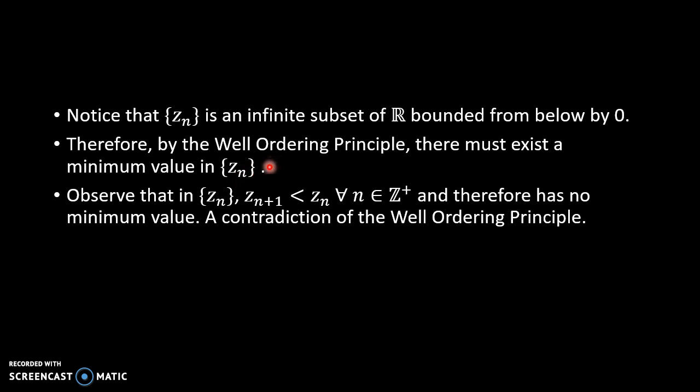That's the definition of the well-ordering principle. However, if we observe that set, we'll see that z sub n plus 1 is less than z sub n for all positive integers n. Therefore, this particular set has no minimum value. And this itself is a contradiction of the well-ordering principle.